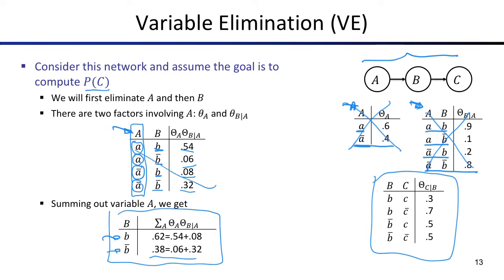We can forget about the old one, and we will operate over these two factors. Notice that we do not mention variable A anymore. All we have is one factor that mentions B, and the other one that mentions B and C. We want to eliminate B, so before eliminating B, we needed to multiply those two factors, and then do another variable elimination.